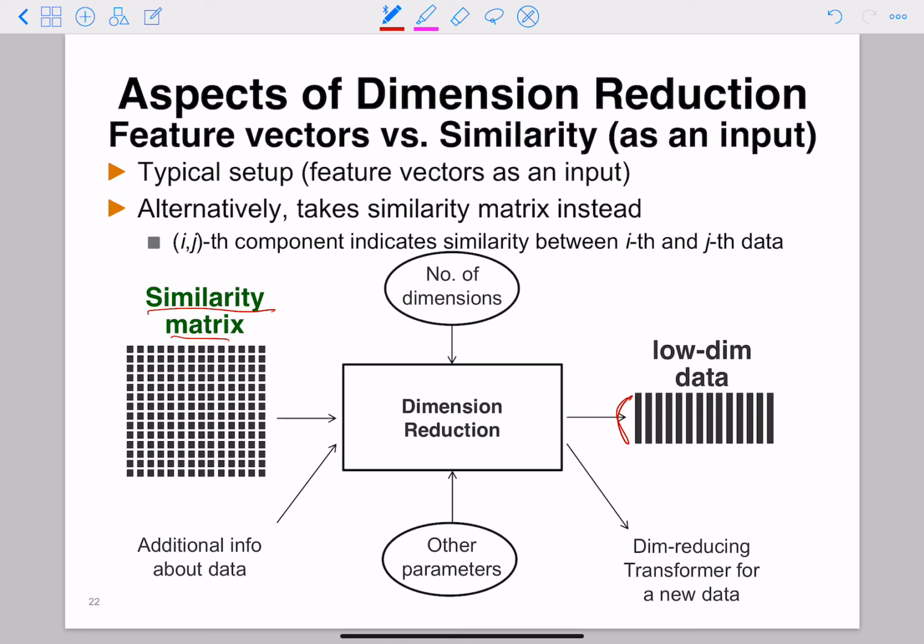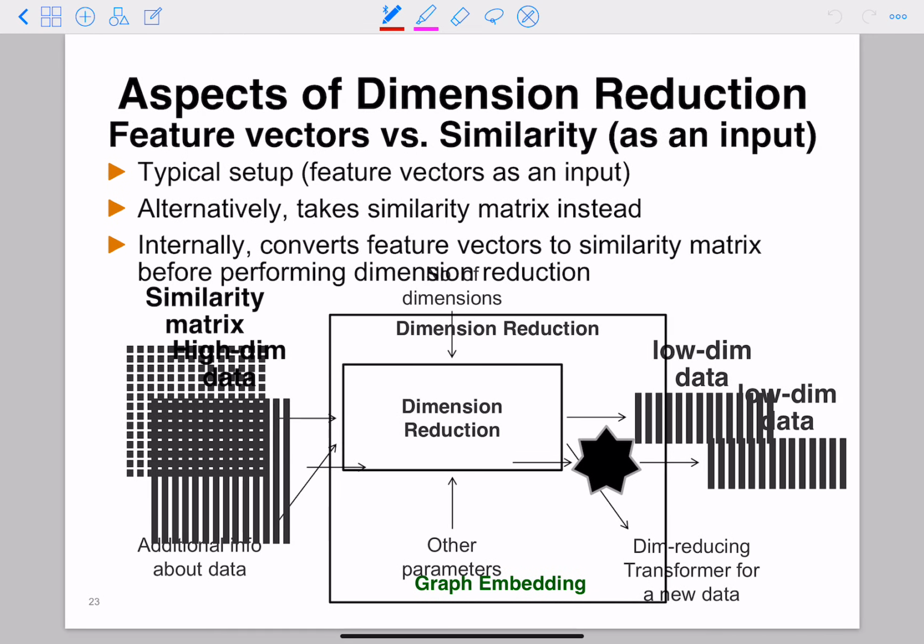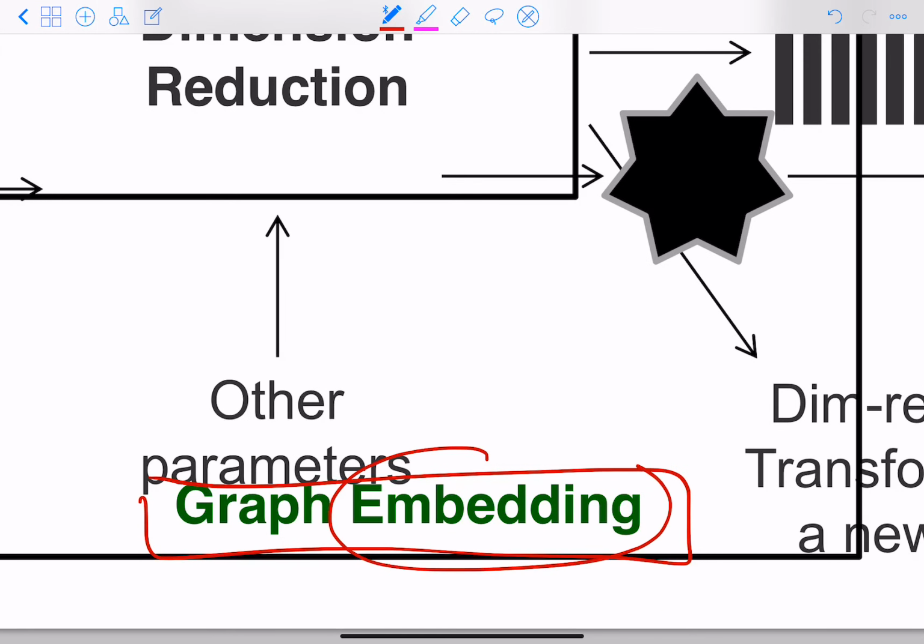So in that sense, rather than calling it dimension reduction, it is sometimes called graph embedding as well. You can think of this embedding as a method that gives an output of some fixed dimensional vector representation of the data items.